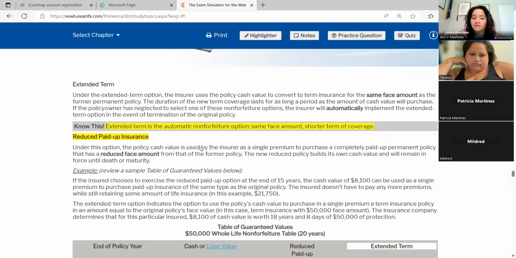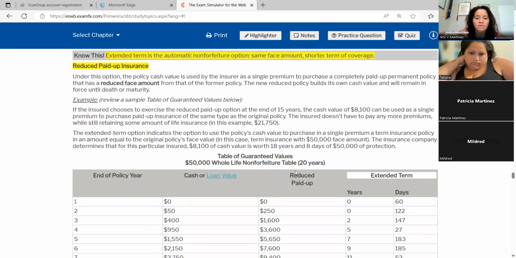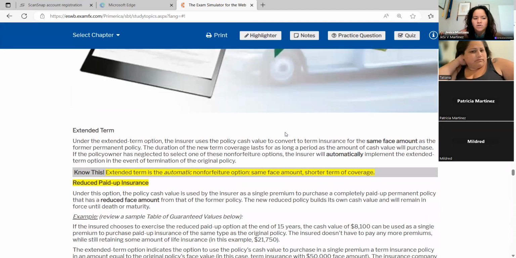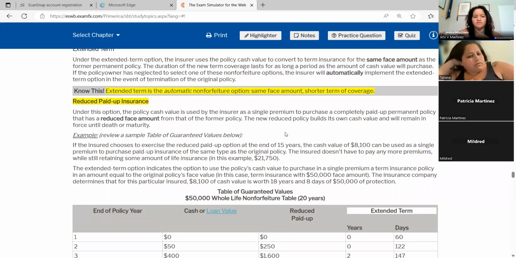The new reduced policy builds its own cash value and it will remain in force until death or maturity. So you have a reduced paid-up insurance. Use the cash value of one to buy another policy that has less cash value. I mean, less face amount.